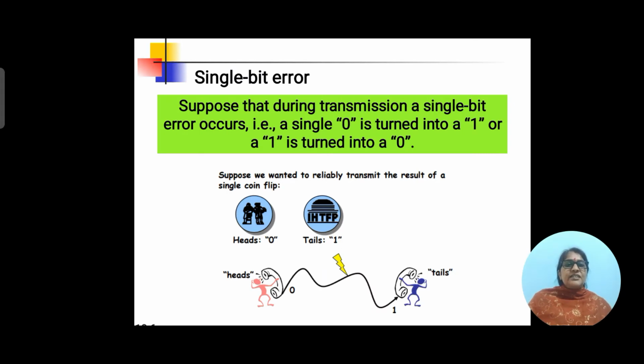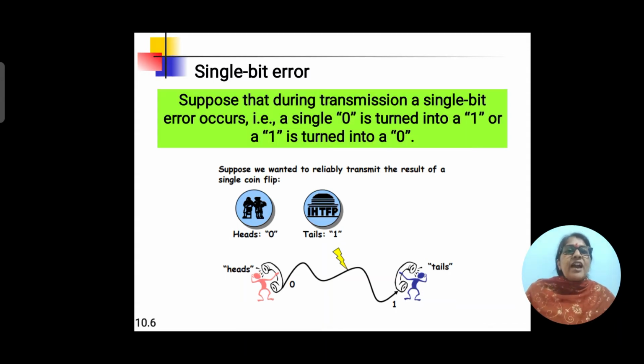So let's start with single bit error. Suppose that during transmission a single bit error occurs, that is, a single 0 is turned into a 1 or a 1 is turned into a 0. In this slide we have the picture.